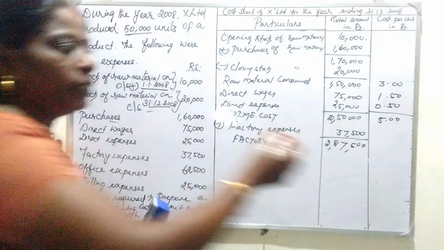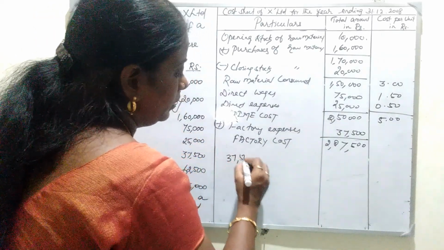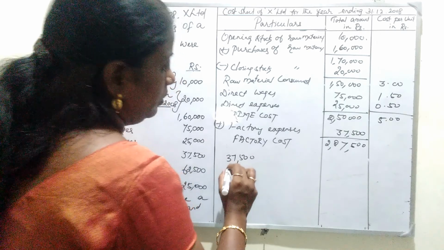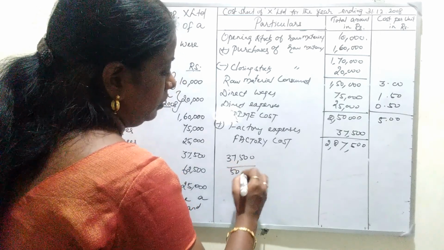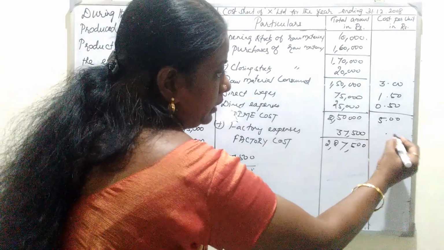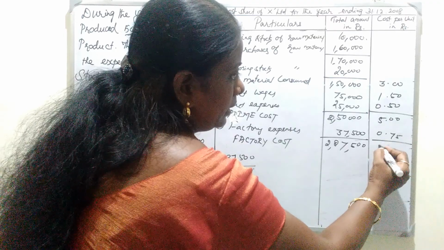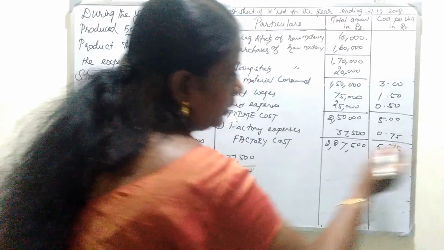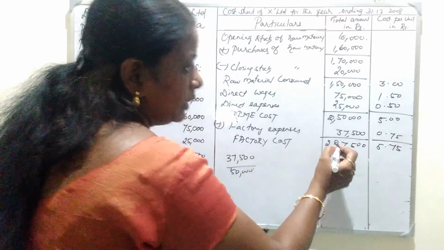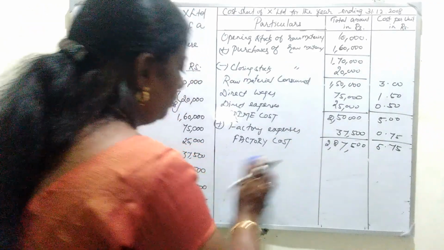Now we find the cost per unit value for the factory expenses, that is 75 paise, 0.75. If we add this, 5.75. If we divide the total by 50,000, the answer will be the same.